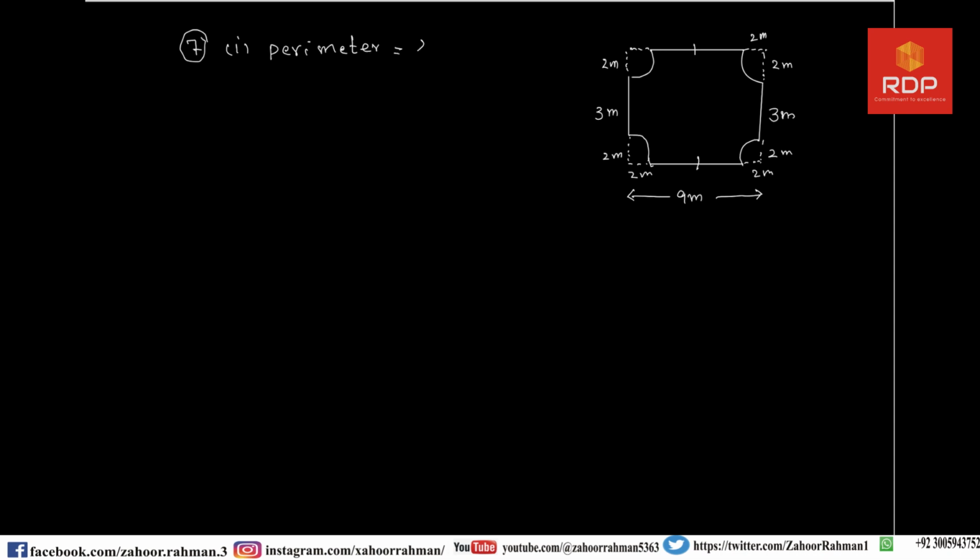So we are first writing 2 pi and 2, because the circumference is equal to 2 pi r.